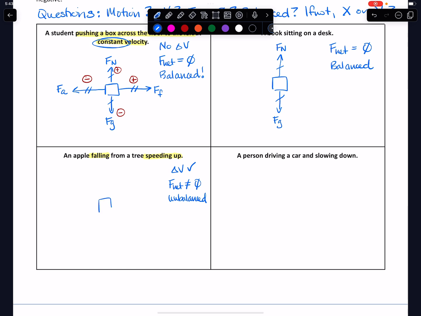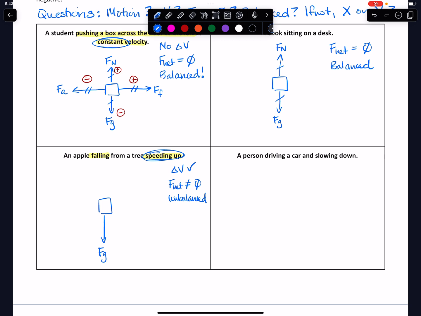So I start with my apple. It's falling. So the force that's causing it to fall is going to be gravity, just like we saw when we talked about free fall. Now, it's speeding up, so what that means is it's accelerating as it falls.